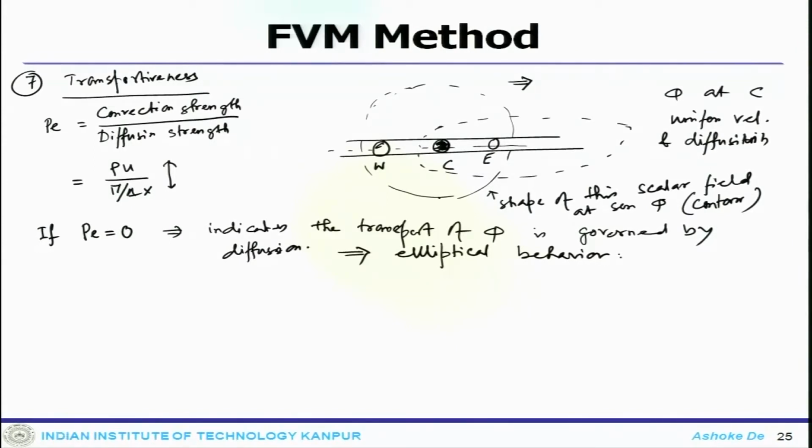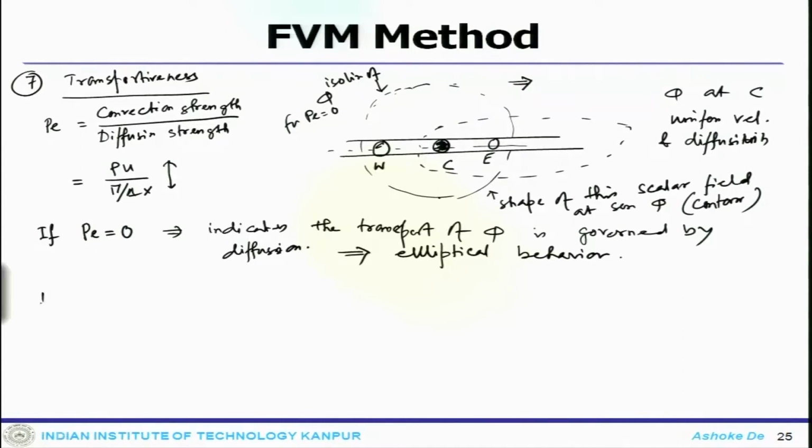In this case, phi is surrounded by these two locations. So it will have some elliptical behavior, and this is the iso line of phi for Peclet number 0, and they are influenced by the neighboring elements at E and W.